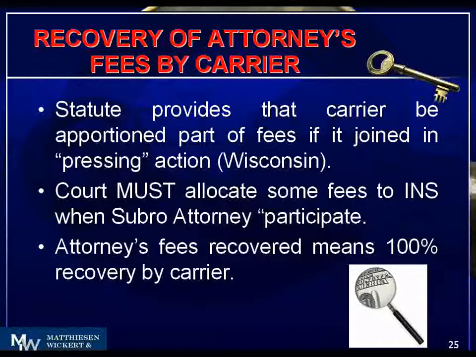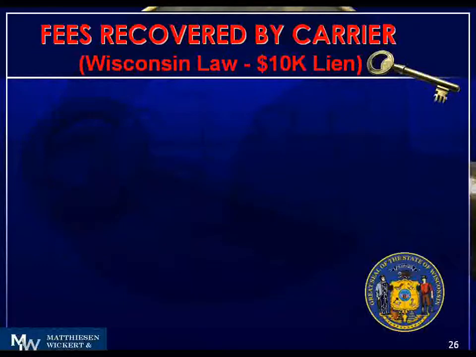But where plaintiff's attorneys try to argue that they are entitled to a lien after they have tried everything in the book to destroy your lien, we've been very successful in arguing to the court that, look, the equity in this case doesn't bear out the fact that the plaintiff's attorney should recover fees. He's tried everything possible to cheat us out of our money and make sure we get nothing. And because he wasn't good enough, smart enough, or creative enough, clever enough to do so, he now wants a fee? Well, that's absurd.